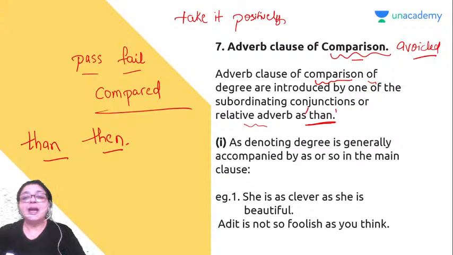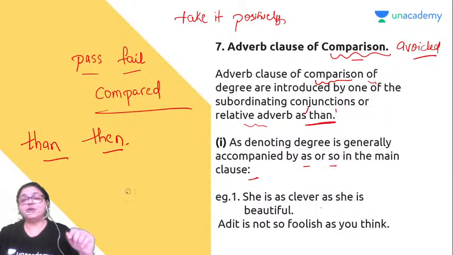Okay, now for comparison, we have again one or two rules. As denoting degree is generally accompanied by as or so in the main clause. Okay, now she is as clever as she is beautiful. Okay, it is compared. So how is it compared?